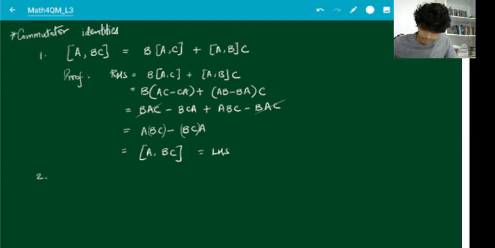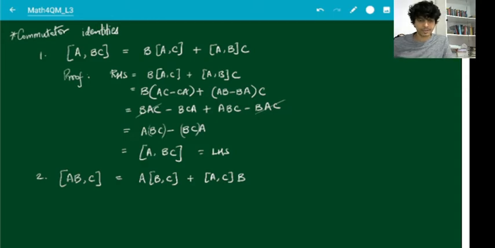Similarly, in the exact same way, you can see what happens if the first matrix in the commutator is a product, and this turns out to be A times the commutator of B and C, plus the commutator of A and C with B, and the proof is exactly along the same lines. Just take the RHS, open it up, you'll get the left hand side. So I leave it to you as an exercise to do this.